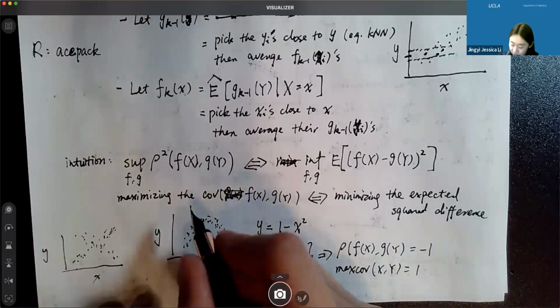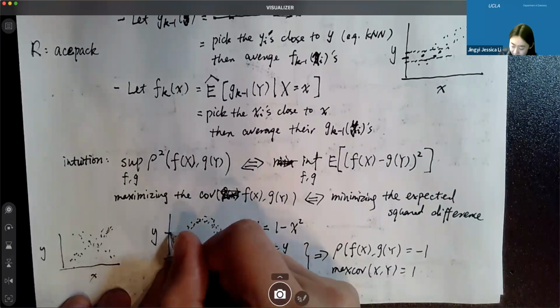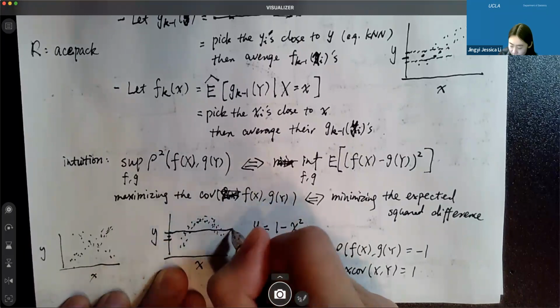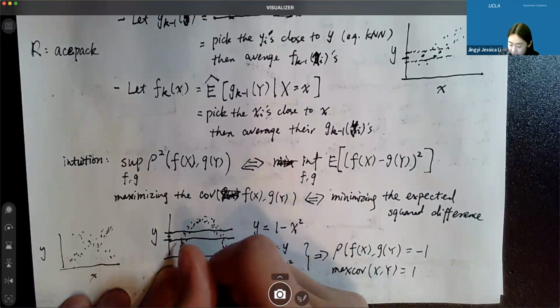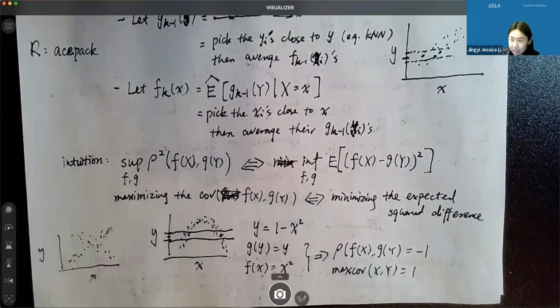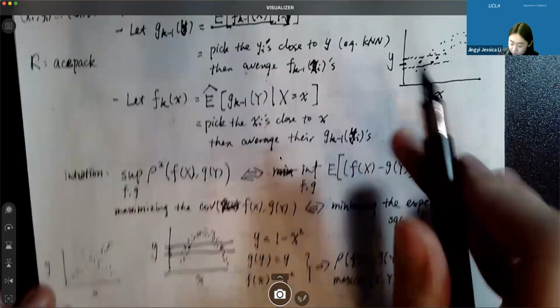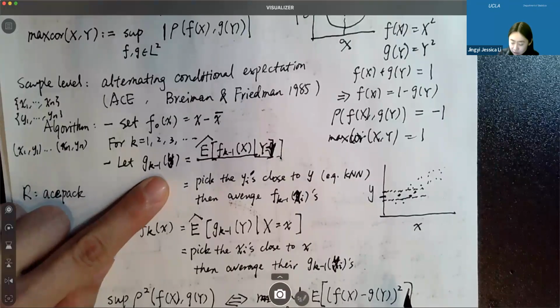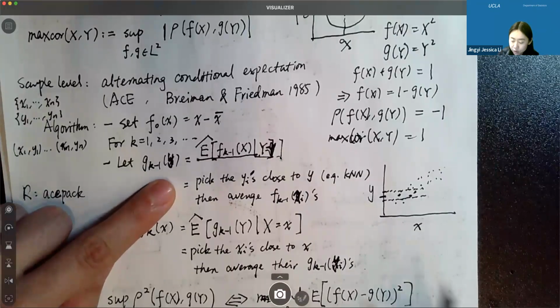But seeing that, you can see I don't need to do anything for my gy. If I pick an interval, a neighborhood of y here, to see the points, then these points are going to be used to do what? In this step, when I pick the interval, I'm going to update the function for y.